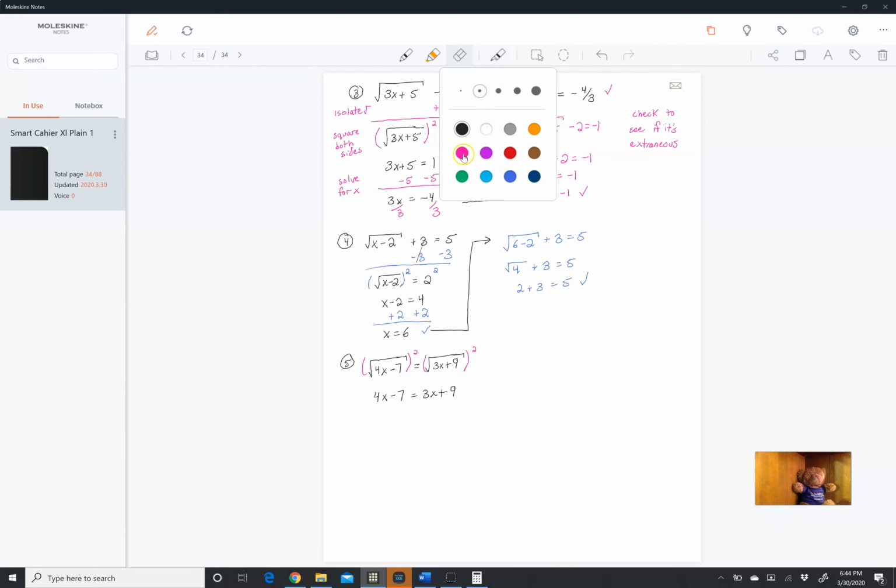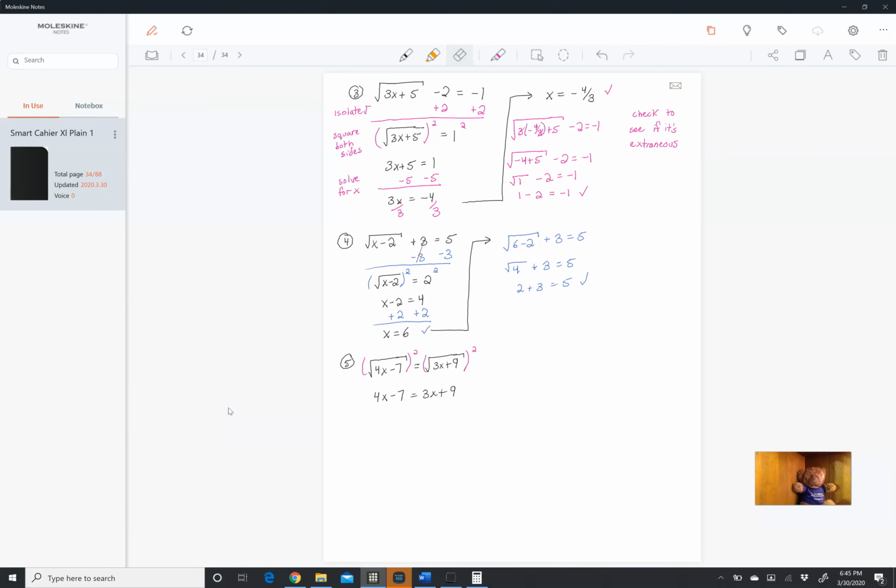Okay, so here we're going to move the x's over to the left and we're going to move the numbers over to the right. So I'm doing this in one step. You can do it in 2 steps. You can do it a little bit differently.